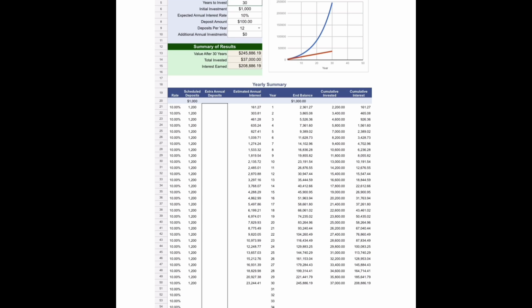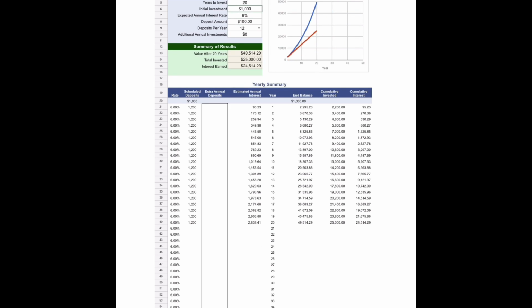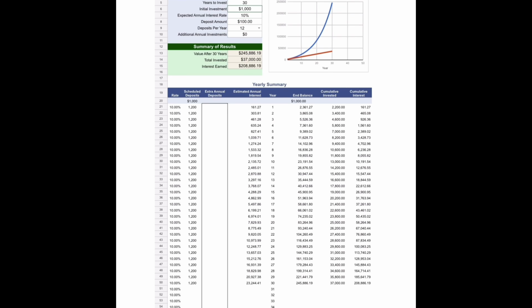So $1,000 to start out. Oh, sorry guys, we're looking at it from 20 years, my bad. $1,000 initially invested. We're going to say it grows 10% on average, and we're going to say we put $100 a month in. Let it grow for 20 years. Look at that account value.